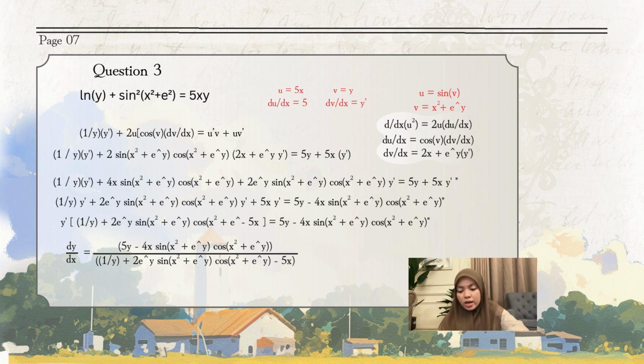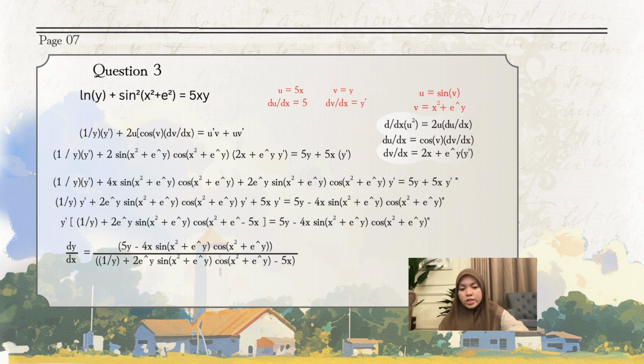Next, I expand the middle term, and this gives 4x sin bracket x squared plus e to the power of y cos x squared plus e to the power of y, plus 2e to the power of y sin bracket x squared plus e to the power of y cos x squared plus e to the power of y y prime.